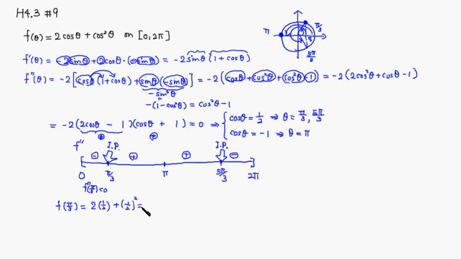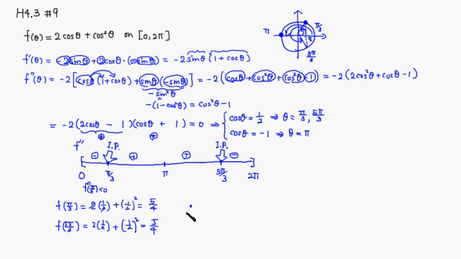Alright, so this is going to be 1 plus 1/4, so it's going to be 5/4. Alright, and then we look at 5 pi over 3. Cosine of 5 pi over 3, again, is 1/2, so it's going to be exactly the same. So it's 5/4.